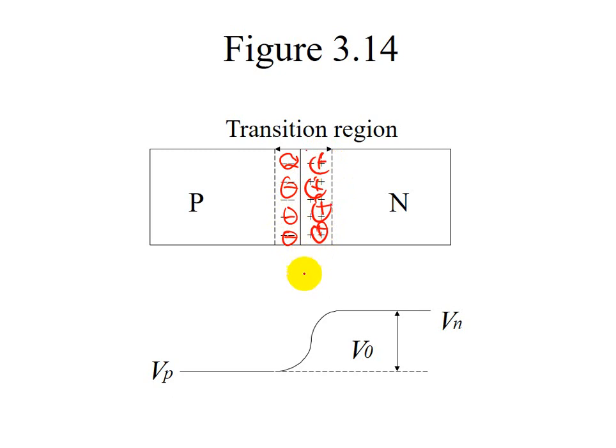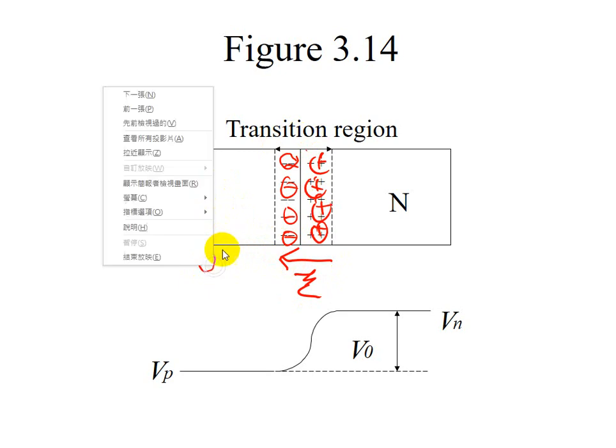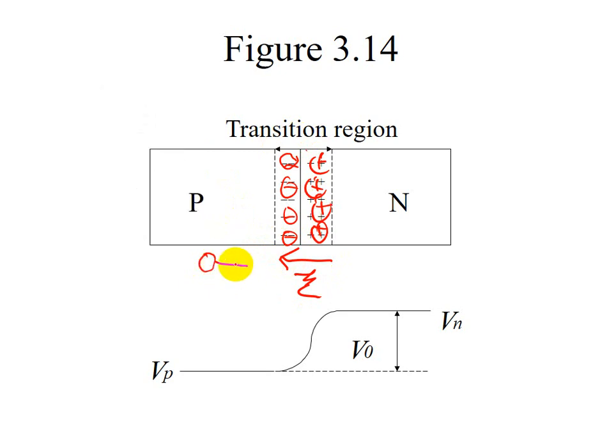And then you create an electrical field from the positive ion side to the negative ion side, and this electrical field tries to push away the holes coming from the left p side to the n side.